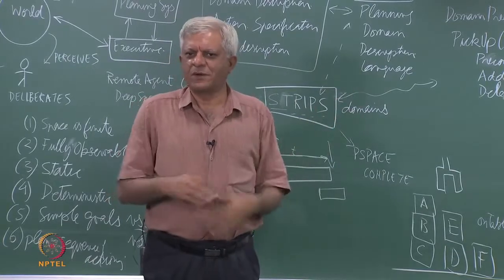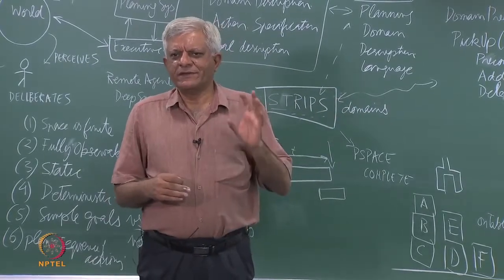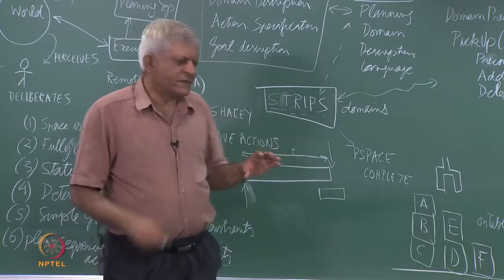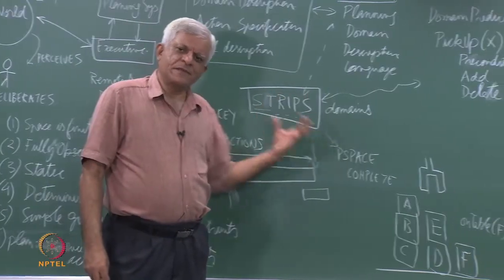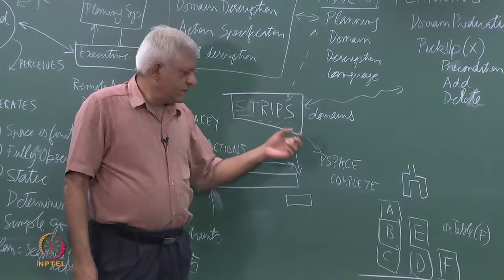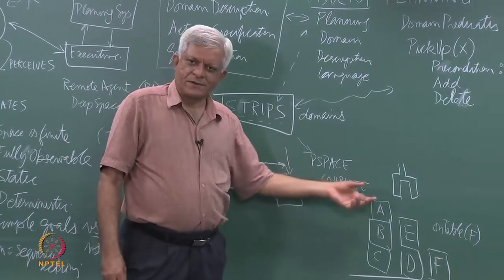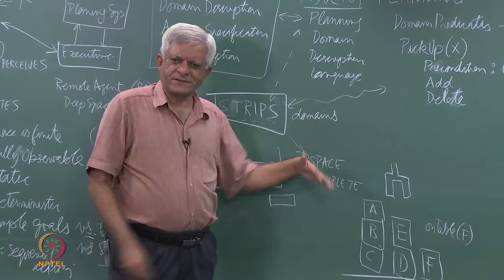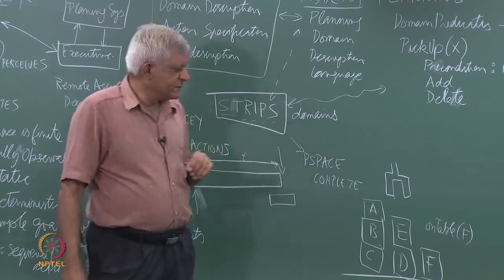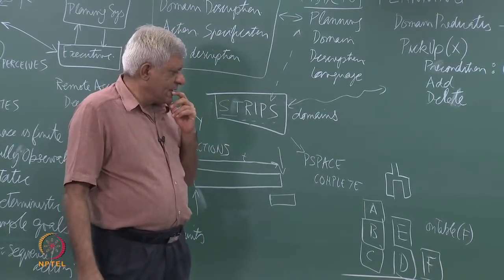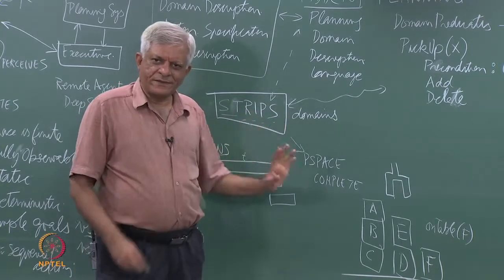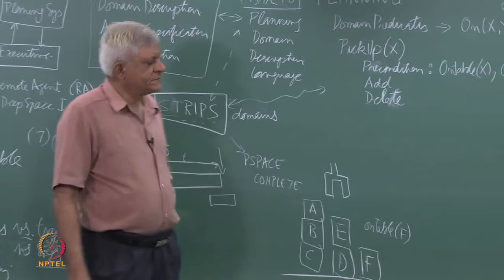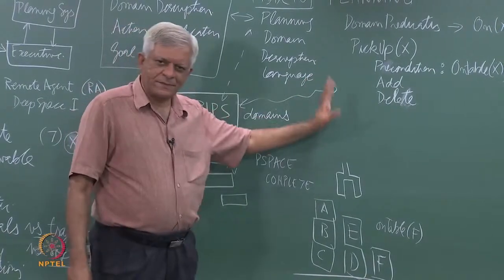So, if you look at any textbook we use that. We will distinguish between the 2 actions in which we pick up something from the table and we pick up something from top of another block. So, that will have a different precondition, just to illustrate what is happening. Well, it has to be on something, either on the table or on another block. So, this pickup is only for picking up things from the table.